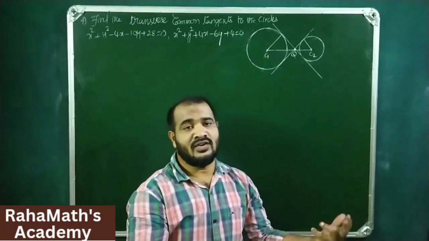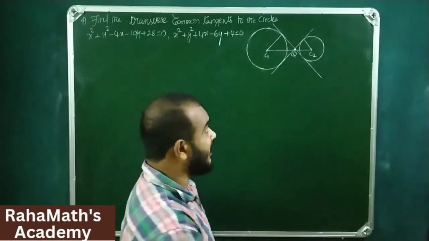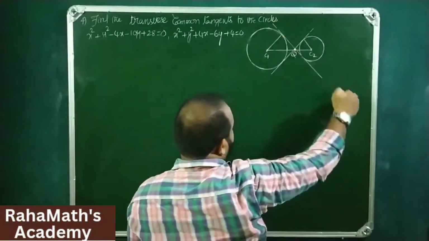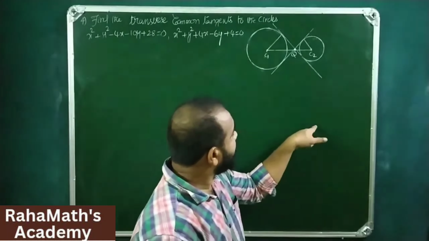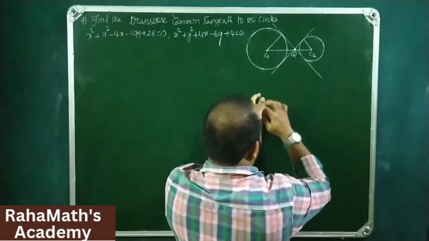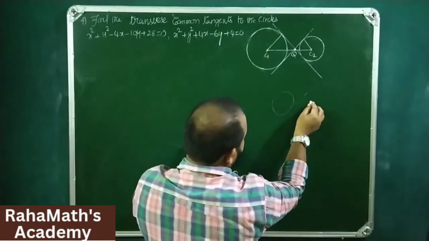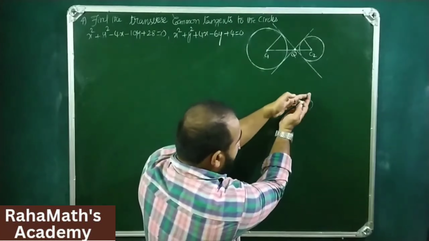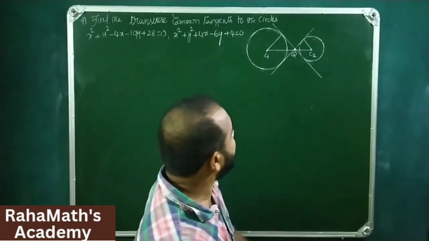We have various conditions for the relative position of two circles. Let us suppose the two circles are like this. Earlier, the direct common tangents were these two. This time, the transverse common tangents are these two. What are the transverse common tangents? If the two circles lie on either side, the opposite sides, of a line, then that line is said to be a transverse common tangent.